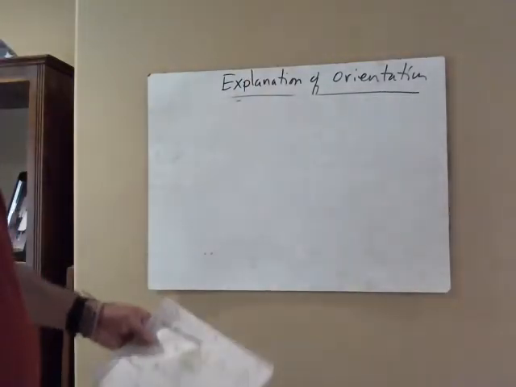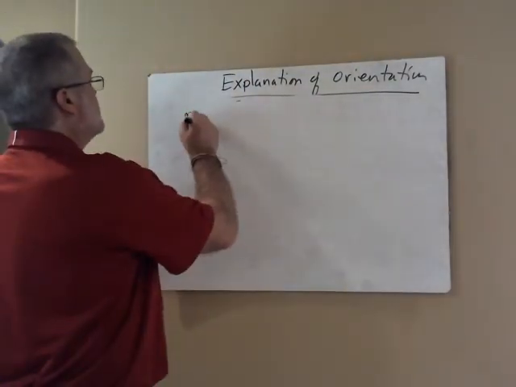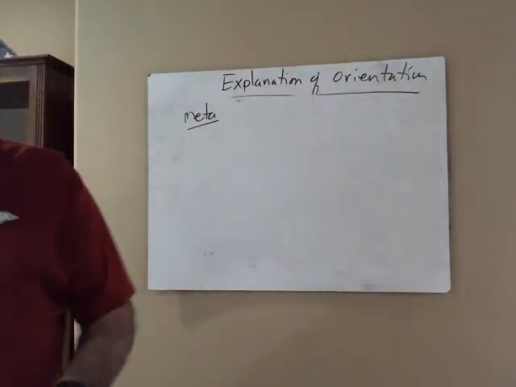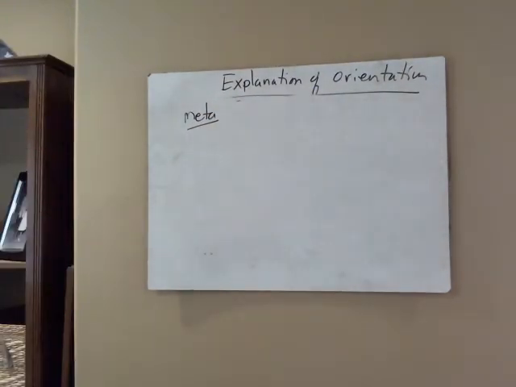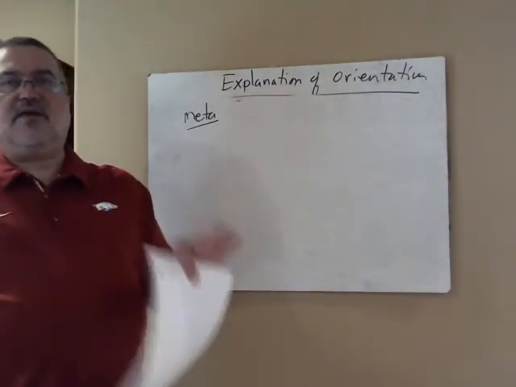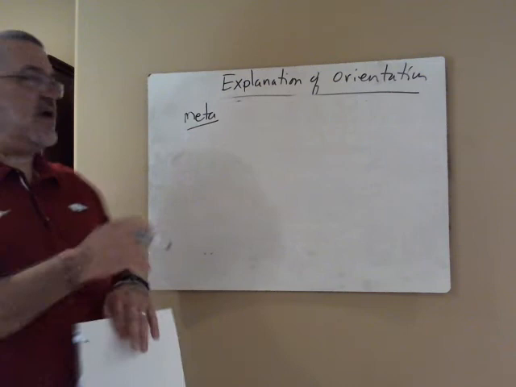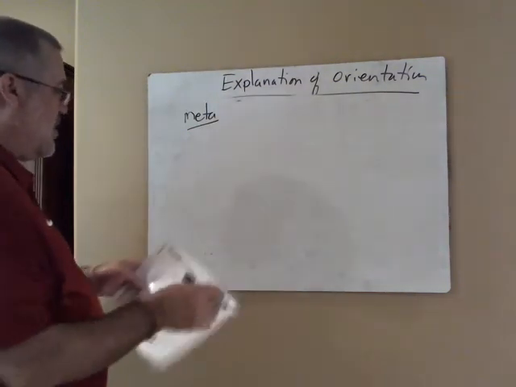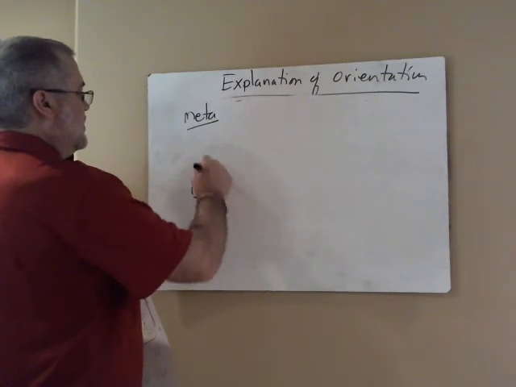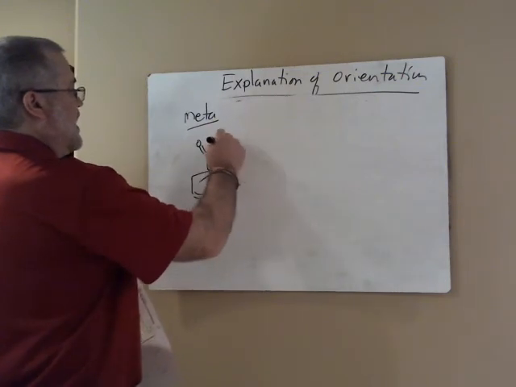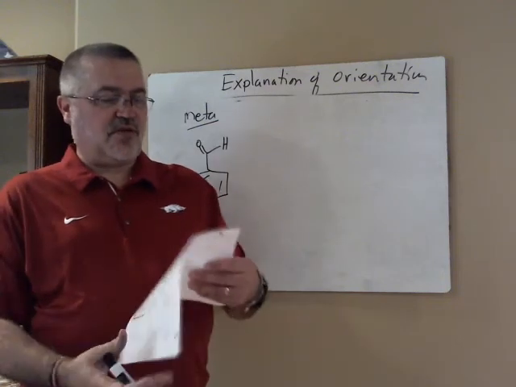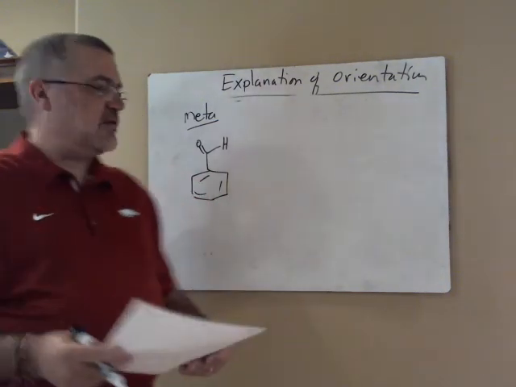And the nice thing about the meta directors is they all end up being the same explanation. So it's not like alkyl group being different than the resonance donators. When you have meta directors, they all work basically the same way. And so I'm going to use the example of an aldehyde. I think in that PowerPoint it also shows you for a nitro group, it'll look exactly the same.